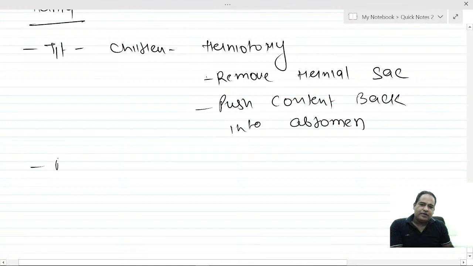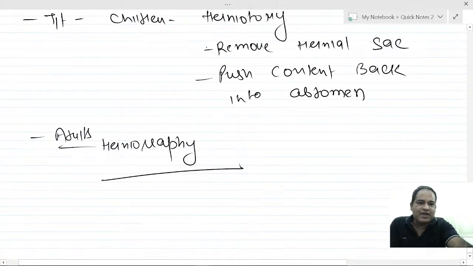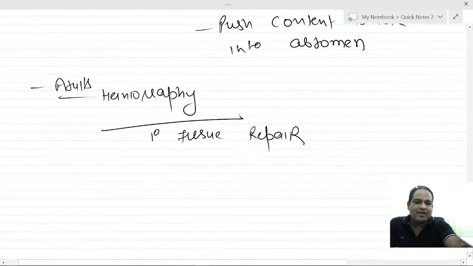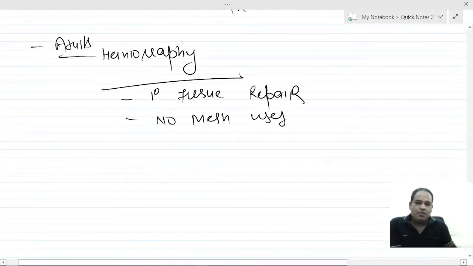Fine. Treatment in adults is herniorrhaphy. That is called primary tissue repair. Fine. No mesh is used.